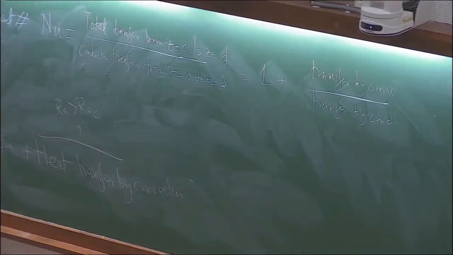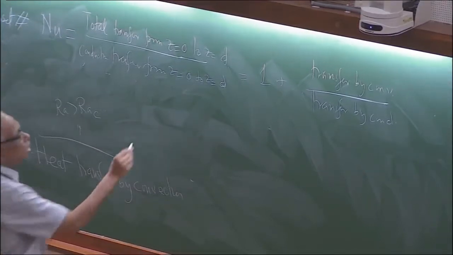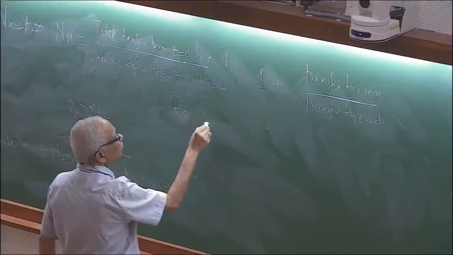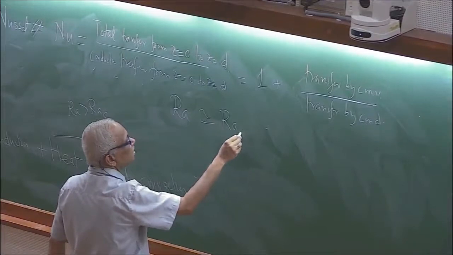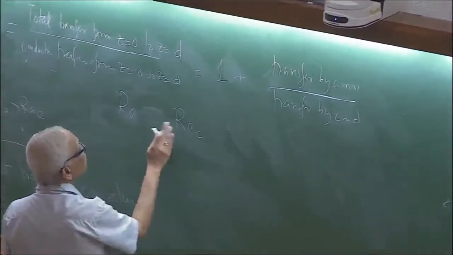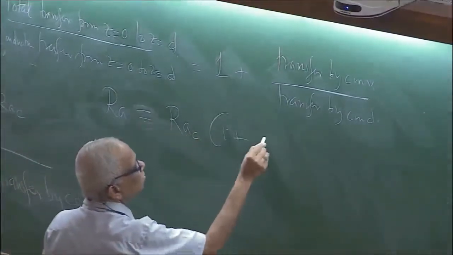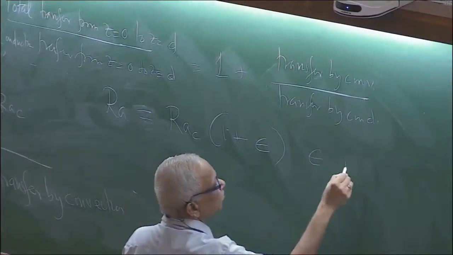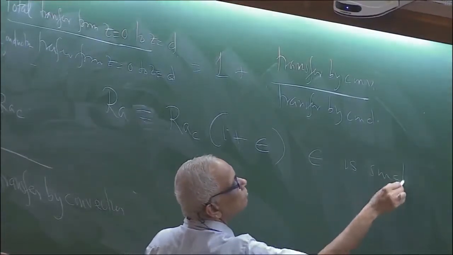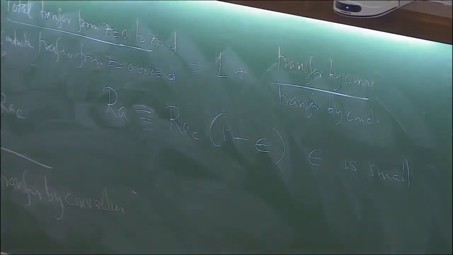When you are close to RA equal to RAC, this is equal to 1 plus epsilon, epsilon small. That's when you are comfortable in calculating.